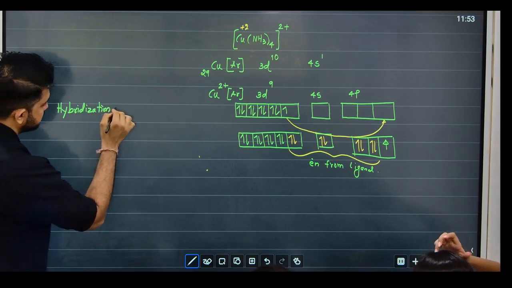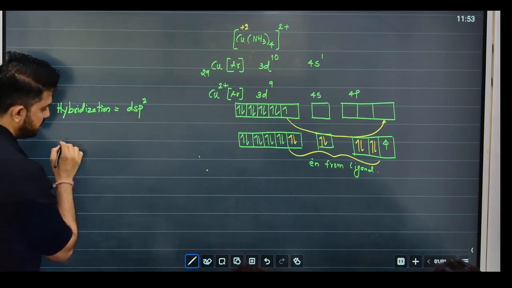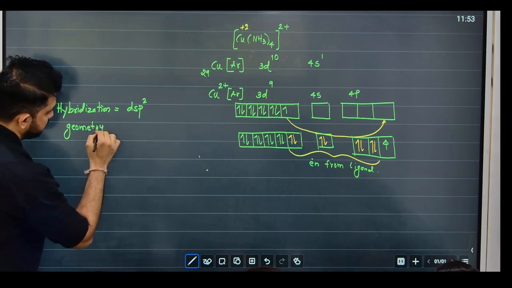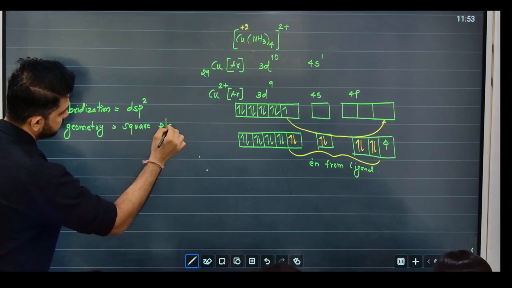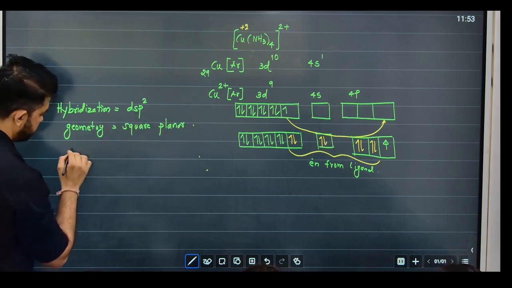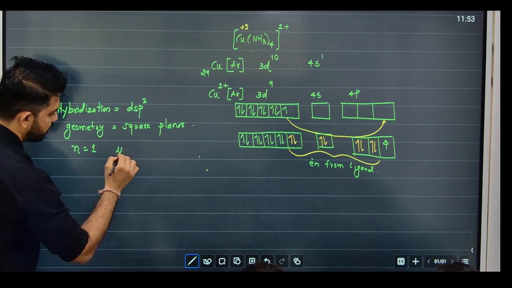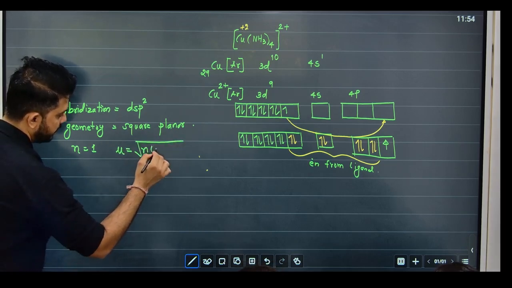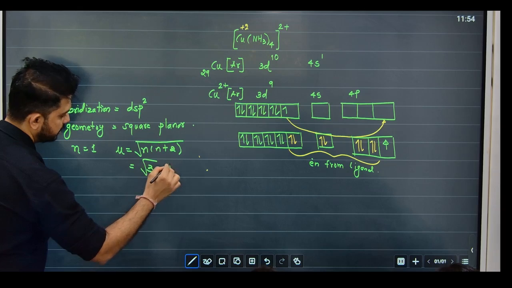Hybridization is dsp2, and what is the geometry people? Square planar. Number of unpaired 1, magnetic moment root of n into n plus 2, that is root 3.